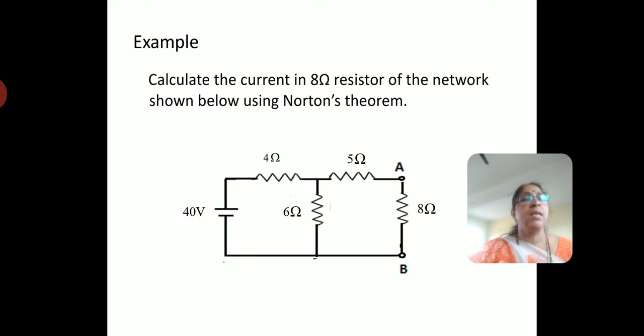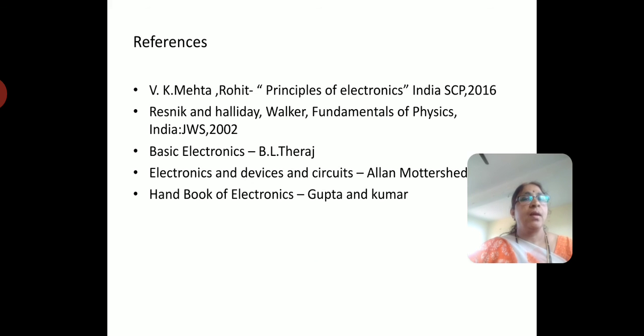The same circuit can also be used with Thevenin's theorem to calculate the current flowing through the 8 ohm resistor. So with Thevenin as well as Norton, we can easily calculate the current flowing through the load, that is the 8 ohm resistor. These are a few examples that you can easily follow.